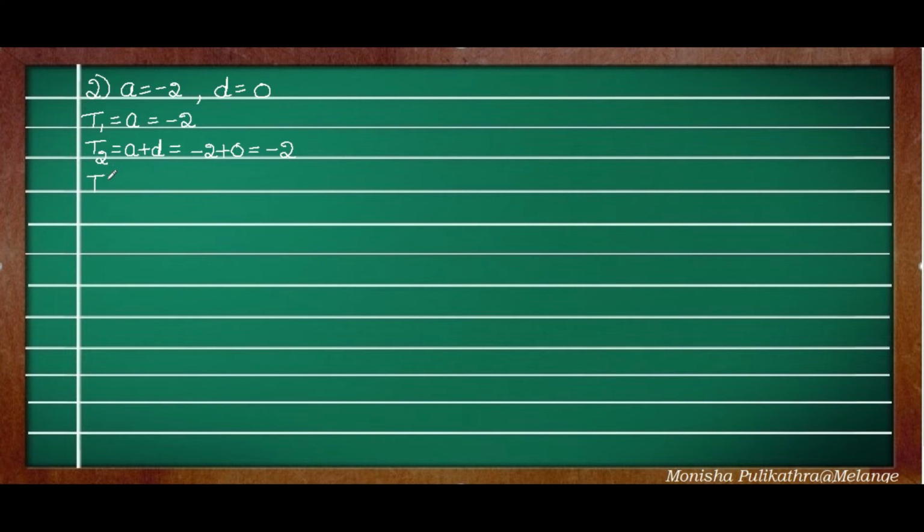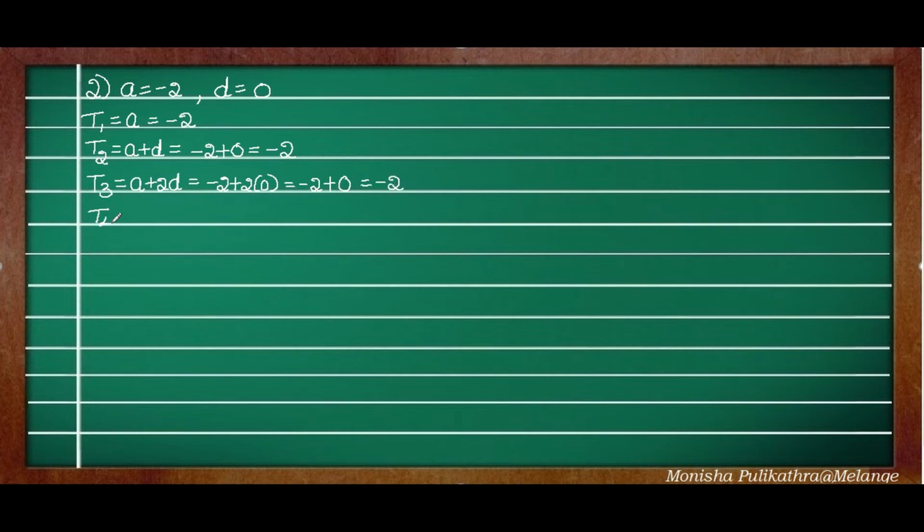Next, T3 is equal to A plus 2D, so that will be minus 2 plus 2 into 0 is equal to minus 2 plus 0, since 0 into anything will be equal to 0 itself. So the answer is minus 2.